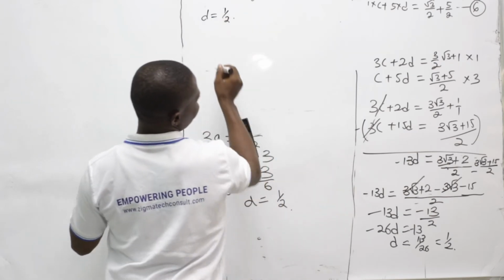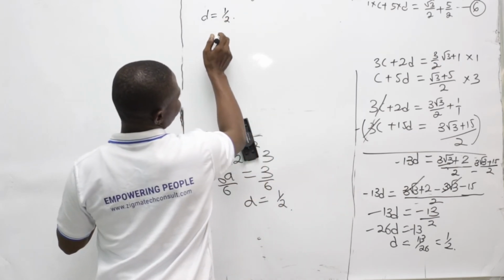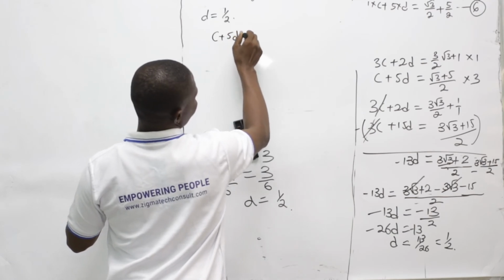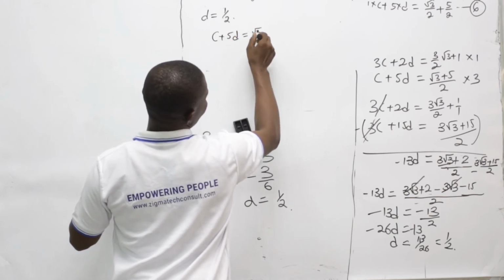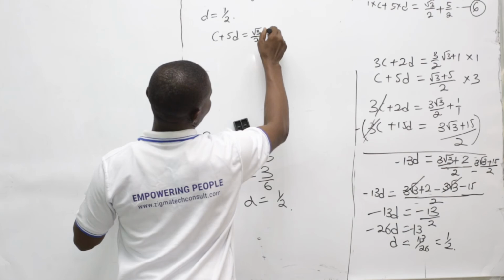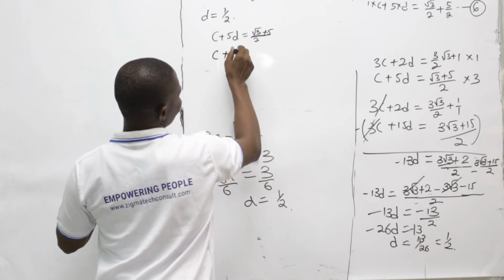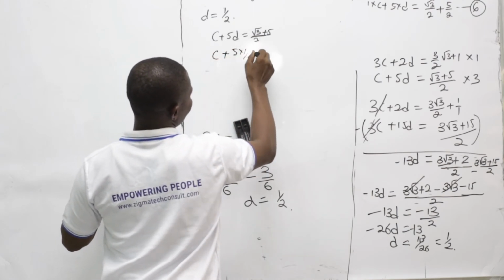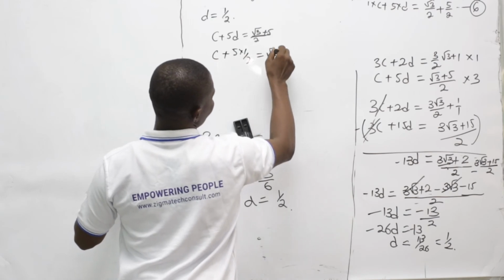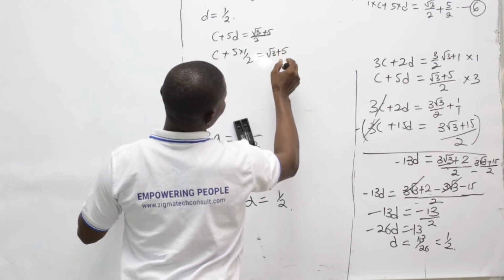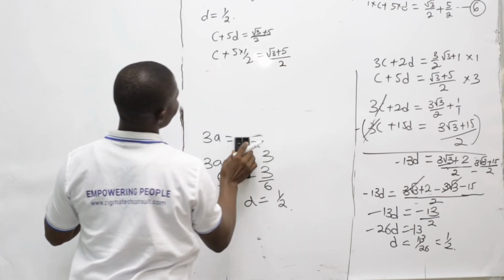Solve for C. Solving for C, we have that C plus 5D equals (√3 plus 5) over 2. C plus 5 times 1 over 2 equals (√3 plus 5) over 2.